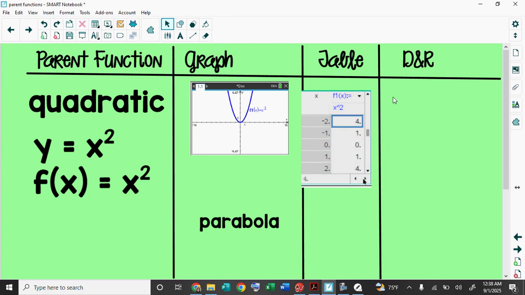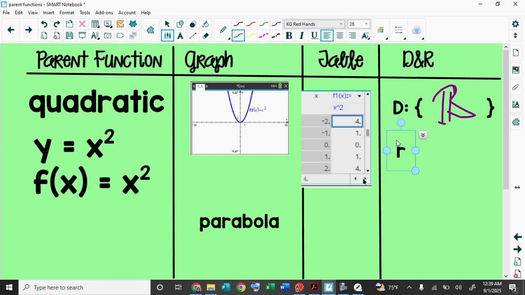Now, for my domain, it's my x values. And I can go as far left as I need to and as far right as I need to. And so for my domain, it is all real numbers. But on the other hand, my range, I can't go as far down as I want to. I have to start somewhere.